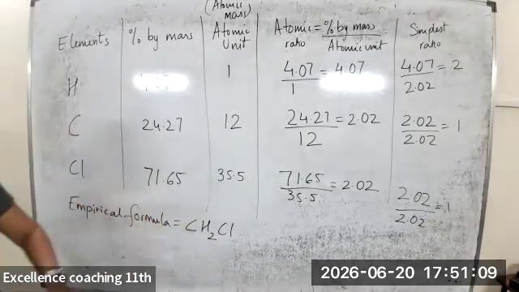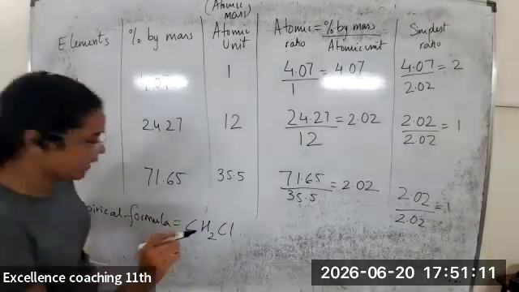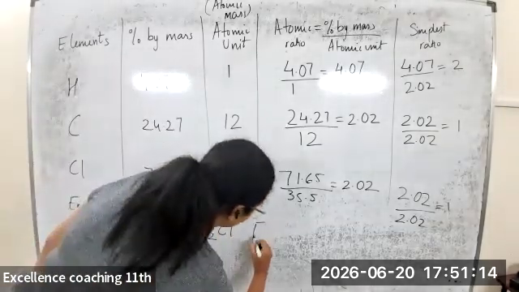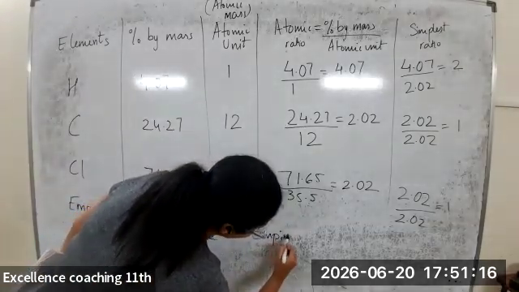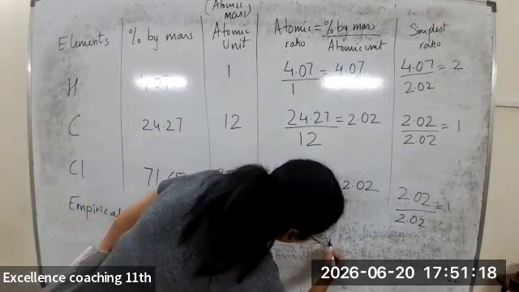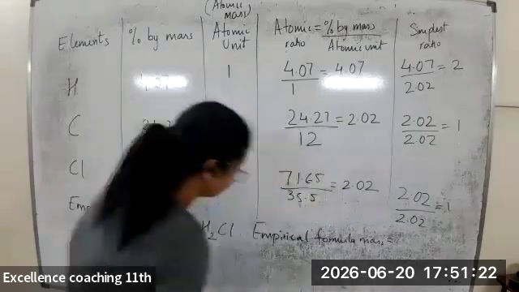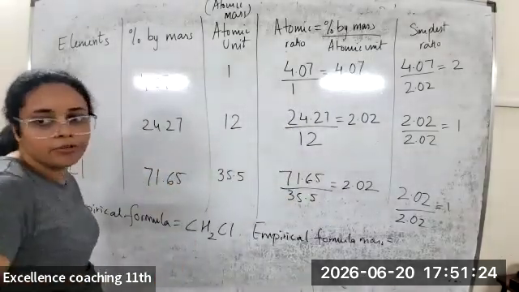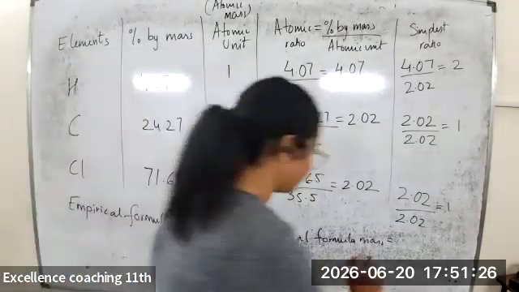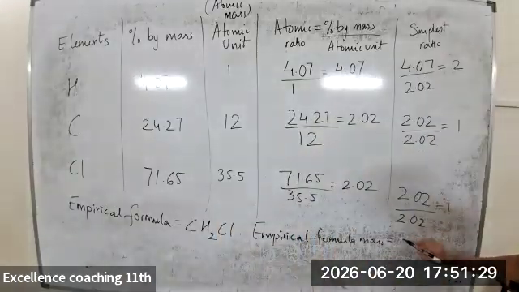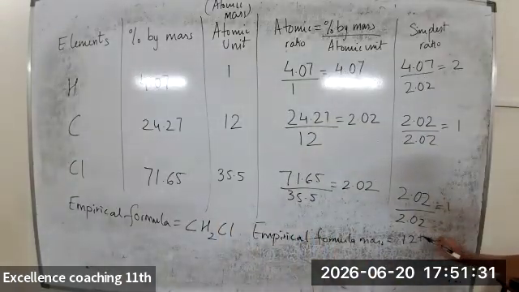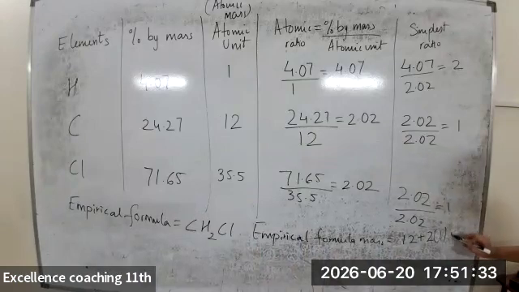So I wrote CH2Cl. Okay? So now calculate the empirical formula mass. So how will you do it? You have to substitute: one carbon, carbon will be 12, plus 2 into 1, plus 35.5. Okay.